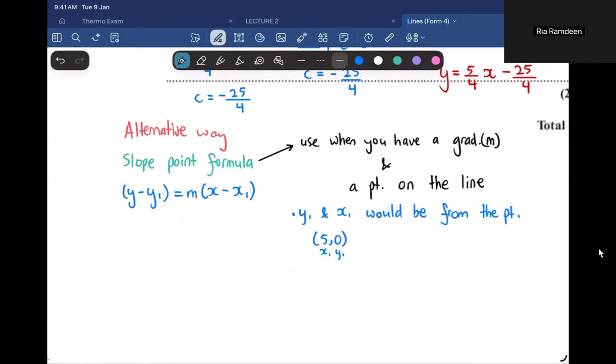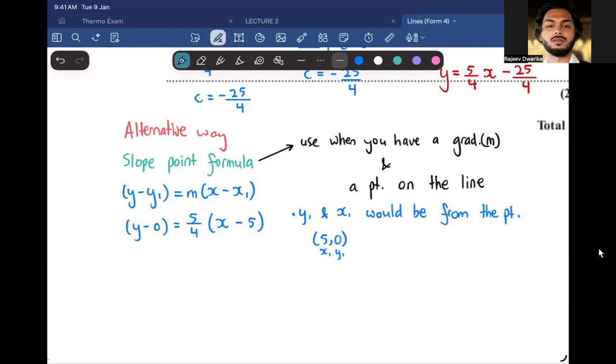All right, so let's continue. The next thing you're going to write would be y minus whatever y1 is. What's y1? 0. Then you're going to put the gradient. What's the gradient? 5 over 4. Then open bracket x, then minus x1. What is x1? 5. Next step, what is y minus 0?